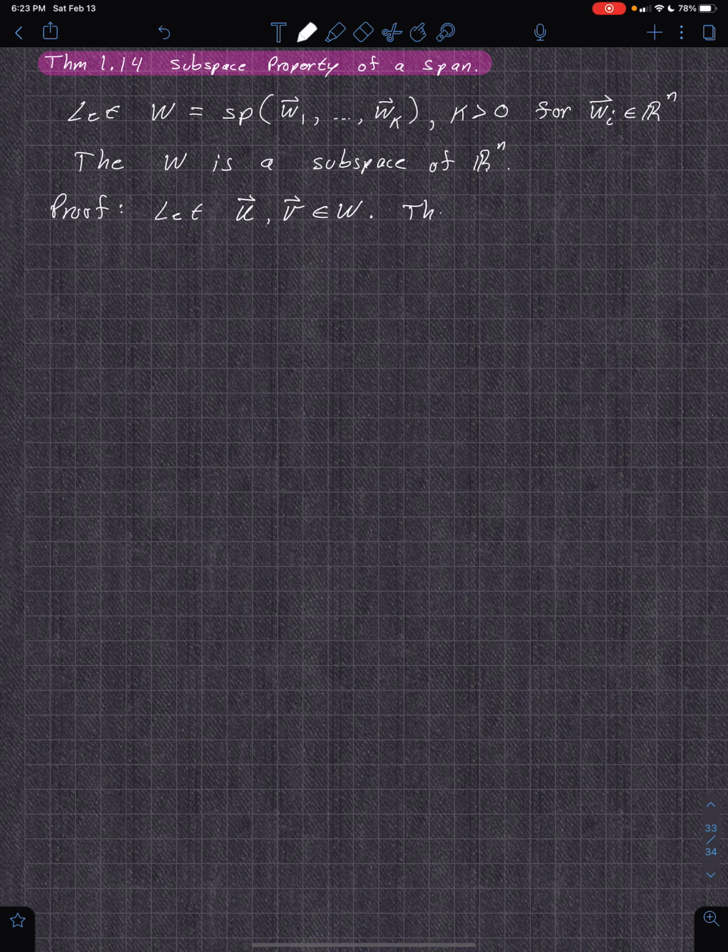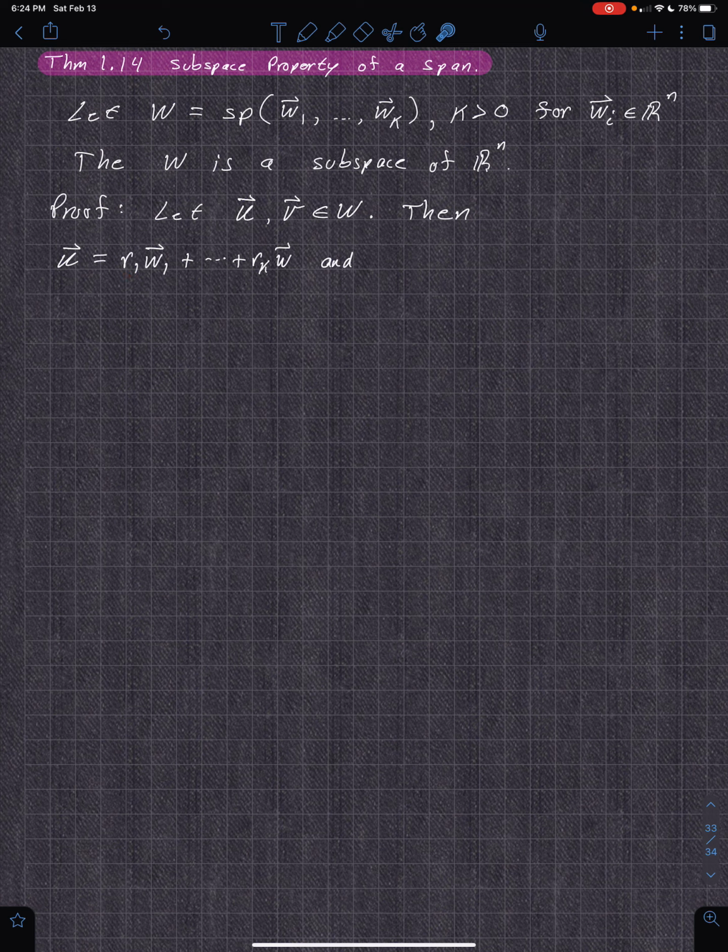Let's write what those would look like. Then u is going to equal r1 w1 plus, etc., plus rk wk, and different values of r, right?